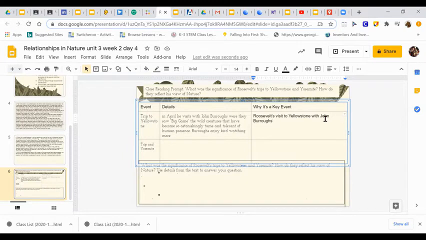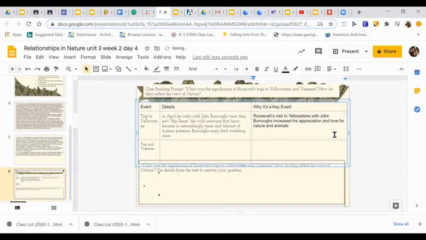Roosevelt's visit to Yellowstone, John Burroughs. I don't know if that makes sense. Hold on a second. Sorry. Increased his appreciation and love for nature and animals, right?